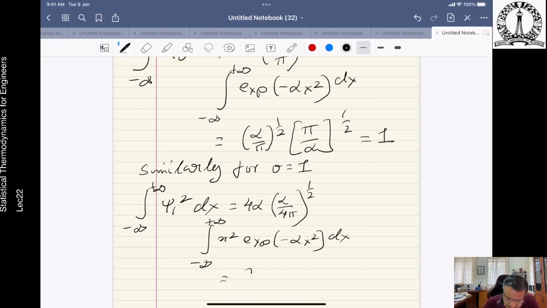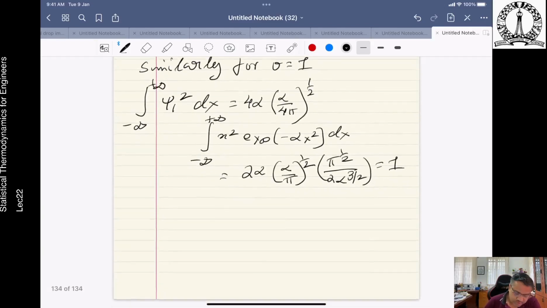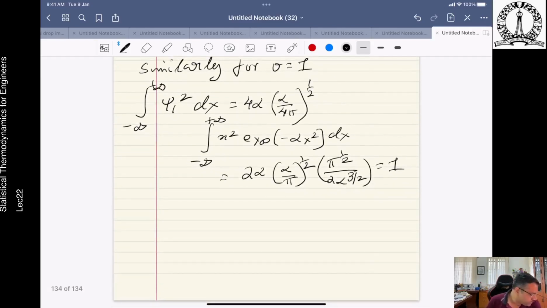This is equal to 2 alpha, alpha by pi to the power of half, pi to the power of half, 2 alpha to the power of 3 by 2, which is equal to 1. So the two wave functions are properly normalized.